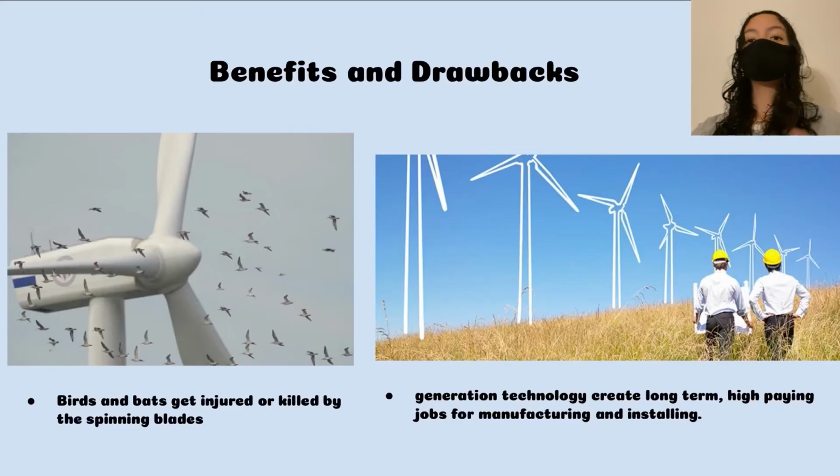Some of the benefits of this generator technology are that it creates long-term high-paying jobs for people who are manufacturing and installing the wind turbines. It also provides a good income for farmers, as well as economic benefits to communities.